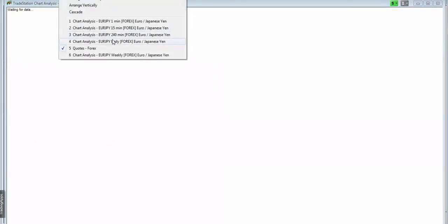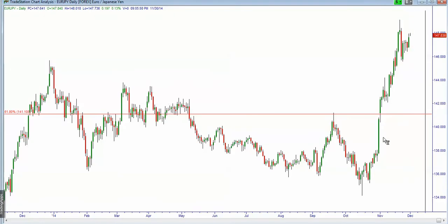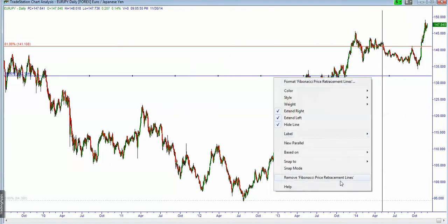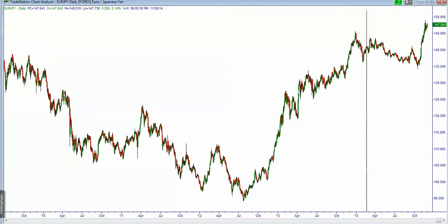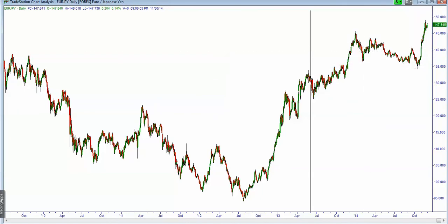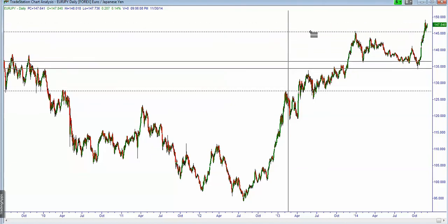Euro versus Japanese yen, very quickly. Those who follow me know that this market actually was in a sequence of extensions, and eventually that sequence failed. So I'm going to show you the last sequence was this one.